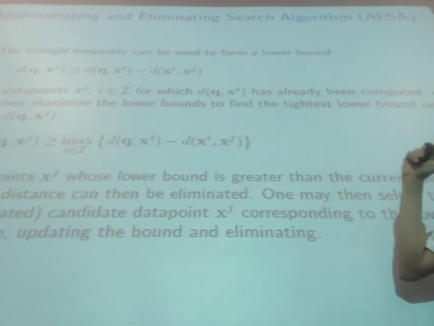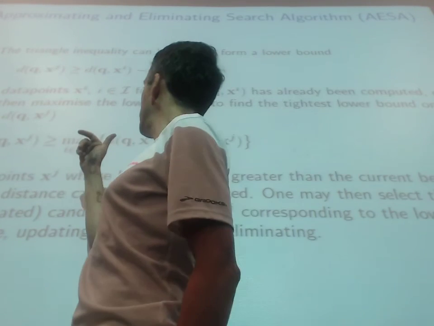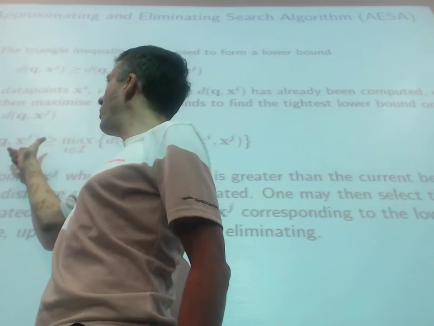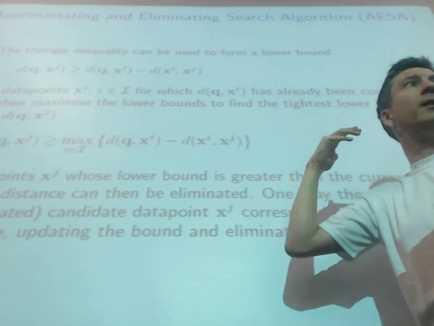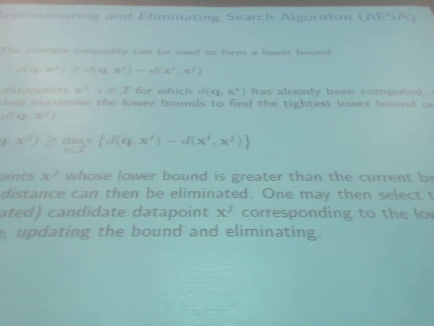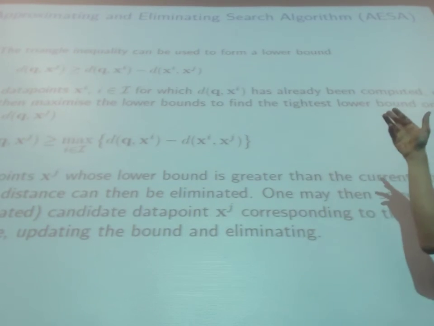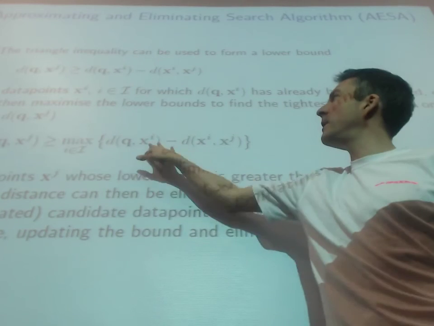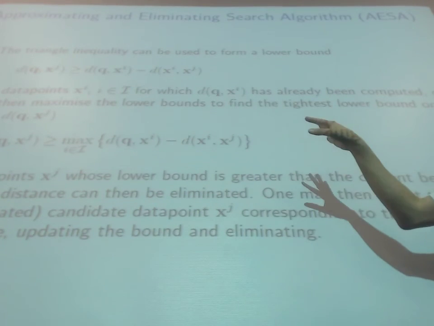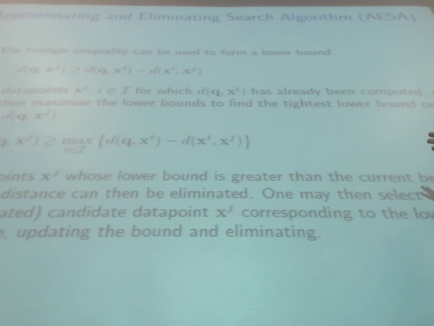Then what this would require you to do is to run over all j not equal to i, or in other words, all the n minus 1 other points, and you calculate this lower bound. But there's no high dimensional distance calculation required to calculate that bound. But you are running over n points, over n elements. You see what I mean?